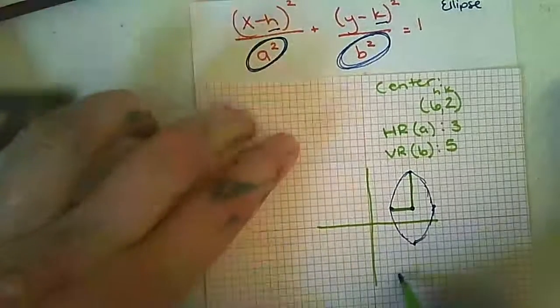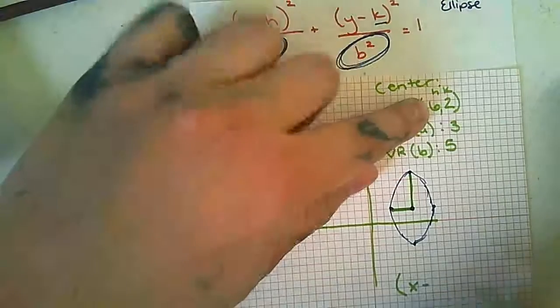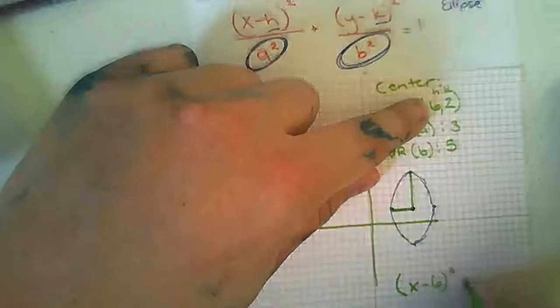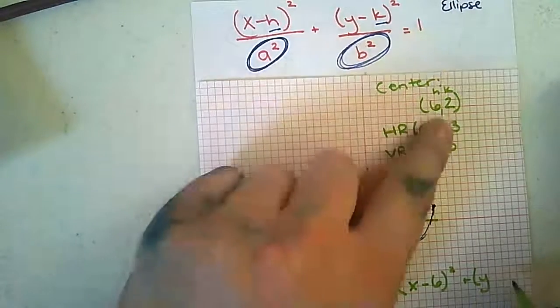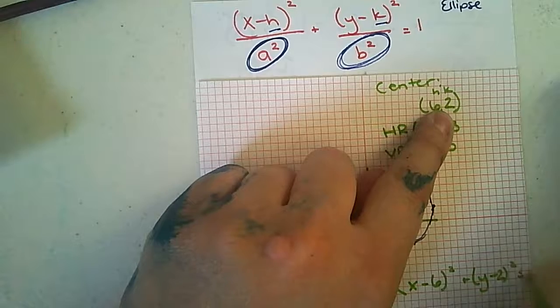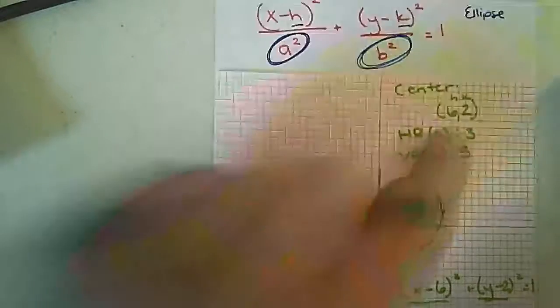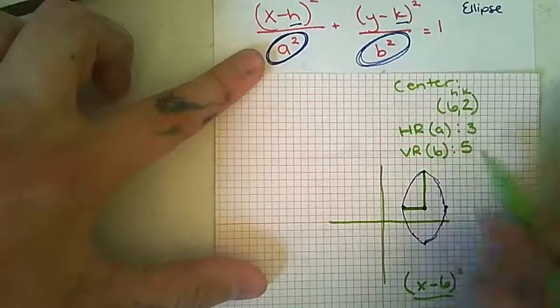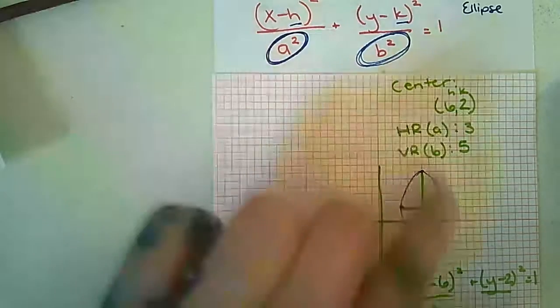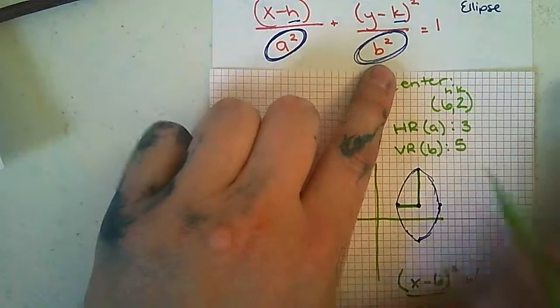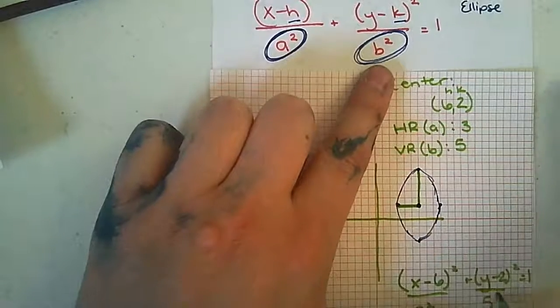So we have x minus our h value, and then we have y minus our k value. Then on bottom, we have our a squared, so we'll have 3 squared. And on bottom in the second one, we have our b squared, so we'll have 5 squared.